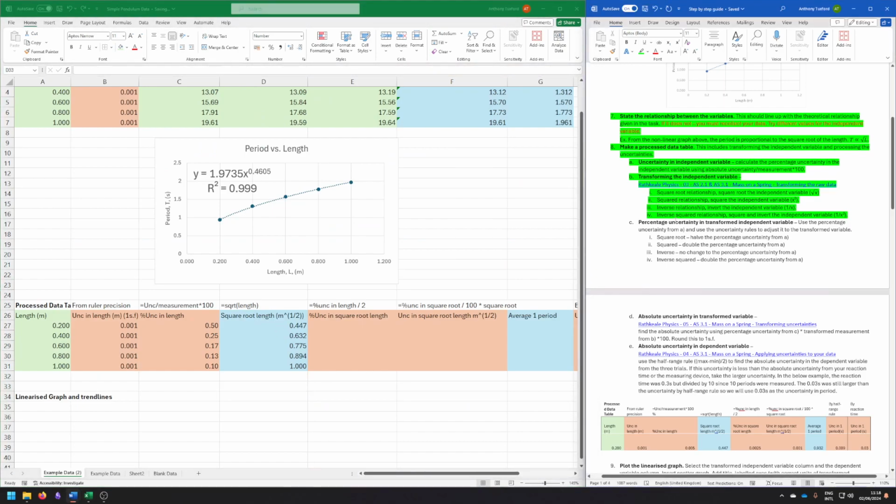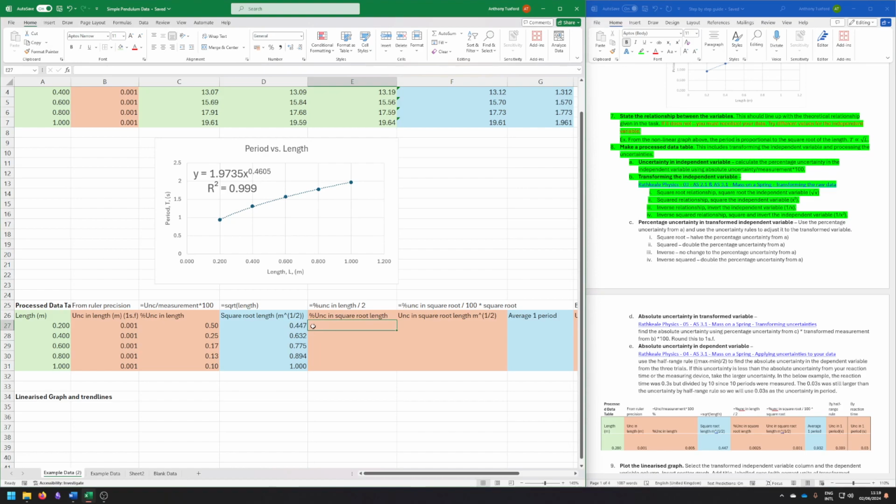Sweet. Up next, calculate the percentage uncertainty in the transformed independent variable. Whenever you transform a variable, whether that's square rooting it, squaring it, inverting it, or inverse squaring it, the percentage uncertainty also changes, along with its absolute uncertainty.